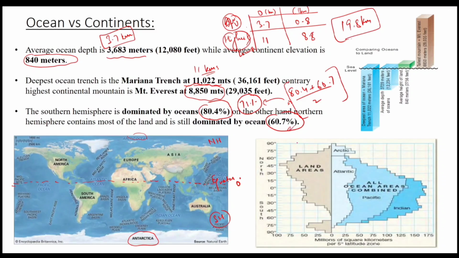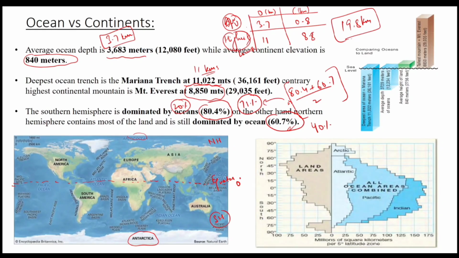So 60% ocean, the remaining 40% is land, and here 20% is land. In that case also, a majority of this would be in Antarctica only. The rest would be in South America and Australia.